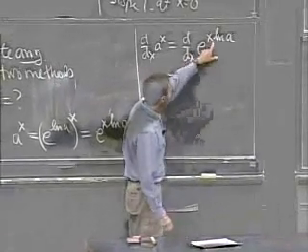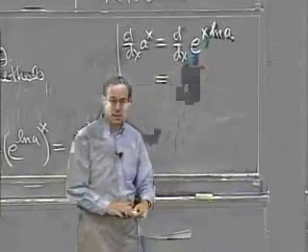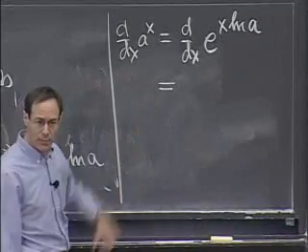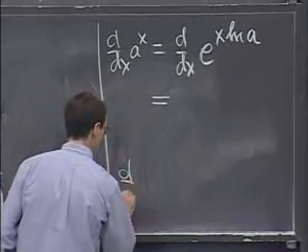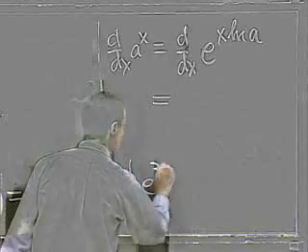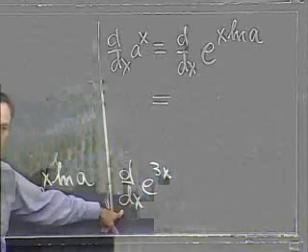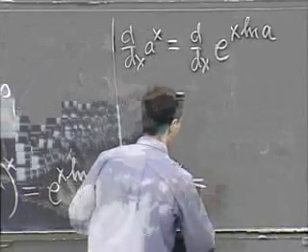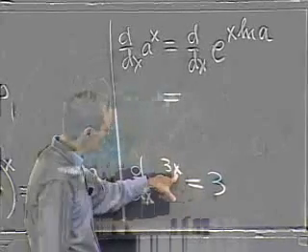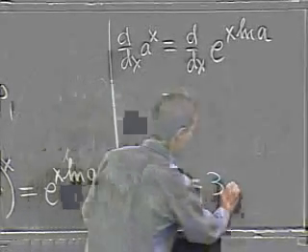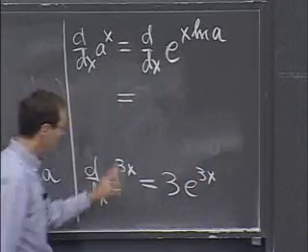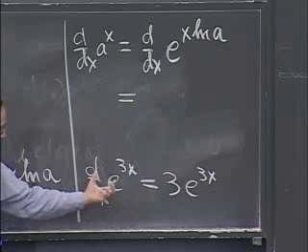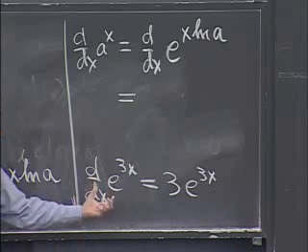The rate of change of this with respect to x is, let me do it by analogy here. Say I had e to the 3x and I were differentiating it. The chain rule would say that this is just 3, the rate of change of 3x with respect to x, times e to the 3x, the rate of change of e to the u with respect to u.